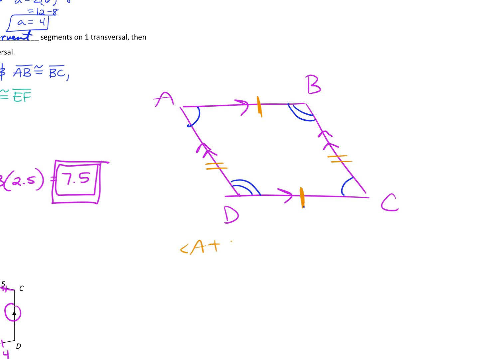Angle A plus angle D equals what? 180. Those are same side interiors, and you can do that all the way around. A plus B is 180, B plus C is 180, C plus D is 180. If I draw a diagonal here, pretend that's a straight line, and a diagonal there, and I call this point X, is there anything else you know about this parallelogram right now?